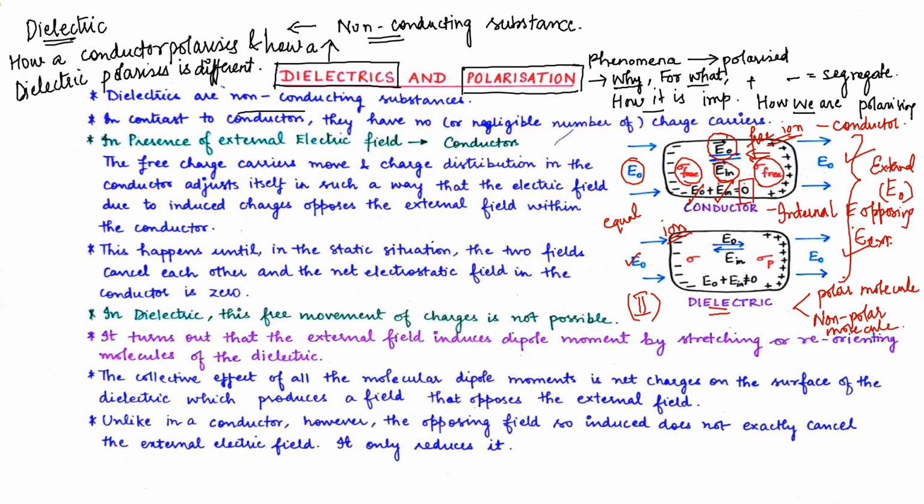So according to polar and non-polar, we are defining this diagram in general. In this particular diagram we haven't taken any polar molecule or any non-polar molecule. We have taken a general dielectric where we can justify both the polar as well as the non-polar case.